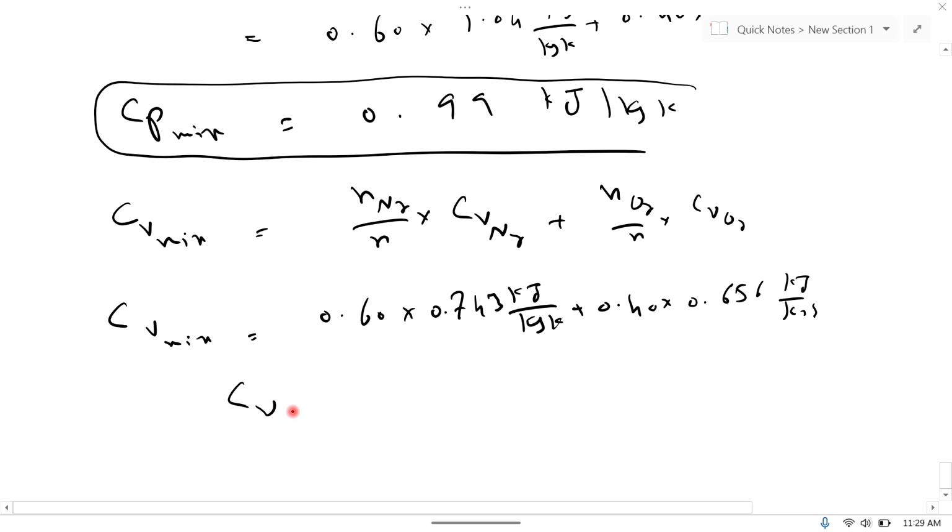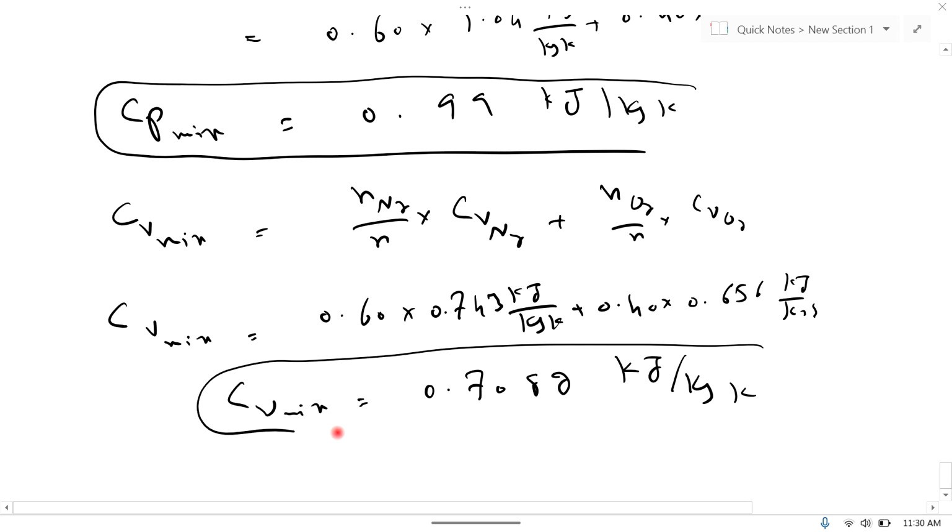Simplify this, which is very simple, and it is equal to 0.7082 kilojoule per kilogram per Kelvin. This is Cv of the mixture.